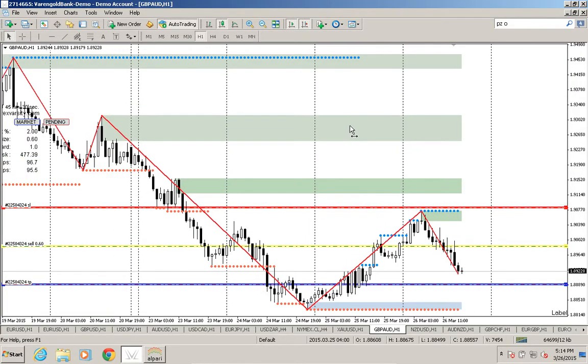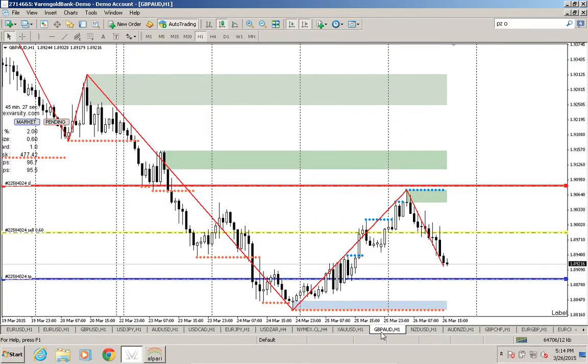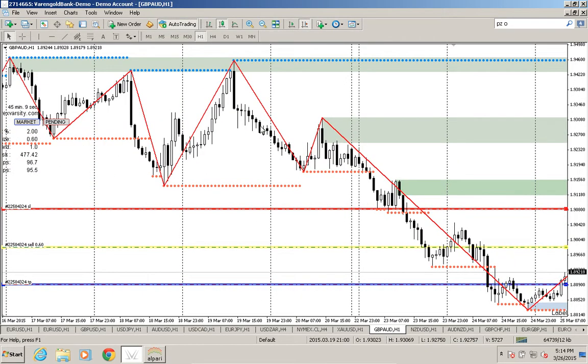Okay, let's go to the Great British Pound, Australian dollar. The trade we entered this morning is on that pair. Now, if you look at 1 hour, Great British Pound, Australian dollar, and you move back a bit.